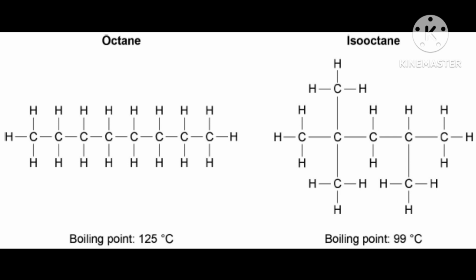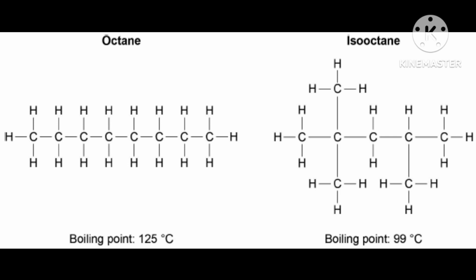Like that way you can understand that the octane number of gasoline is the percentage volume of isooctane in a mixture of isooctane and normal heptane blend, which has the same knocking characteristics as the gasoline sample under test.